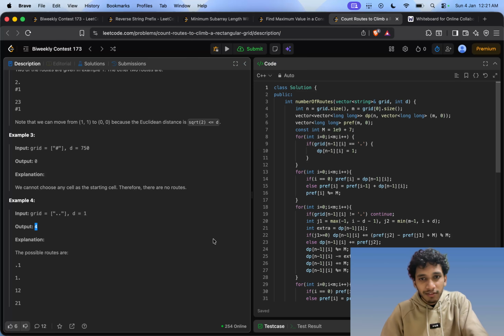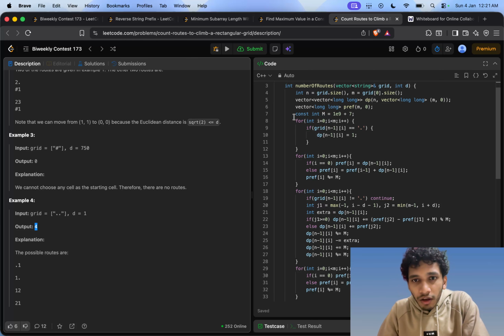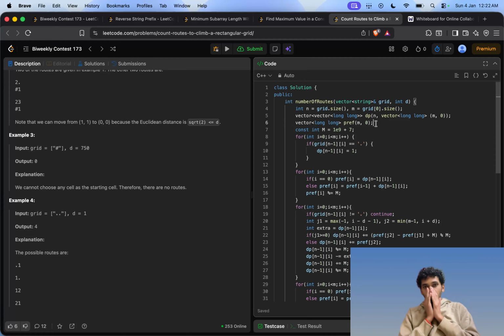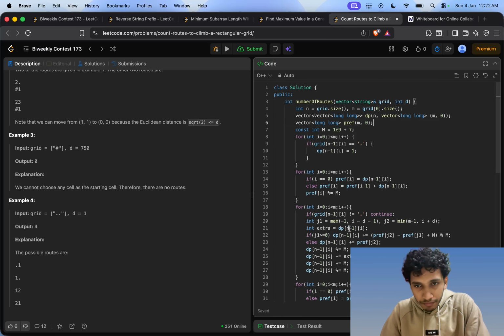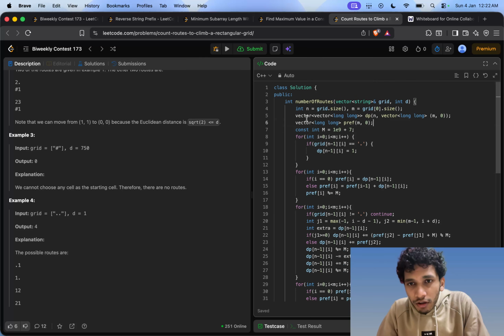Let's understand the implementation part now. We want the answer modded with 1e9 plus 7, so we have a constant value m. Instead of building a prefix sum of n cross m, we keep calculating it every time using a prefix sum of length m. We start with the base case: if the last row contains a dot, then the dp value is 1.